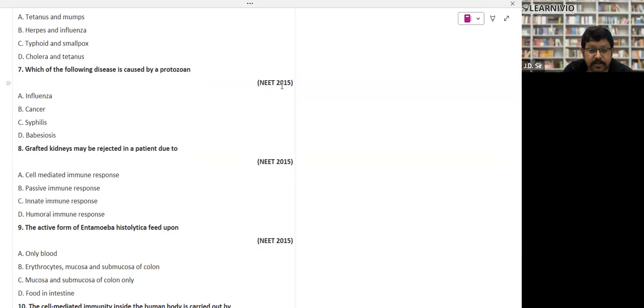Look, it's easy, but it's confusing. Which one, Aisha? It's influenza, yes. Influenza is caused by a virus. I think it should be syphilis.